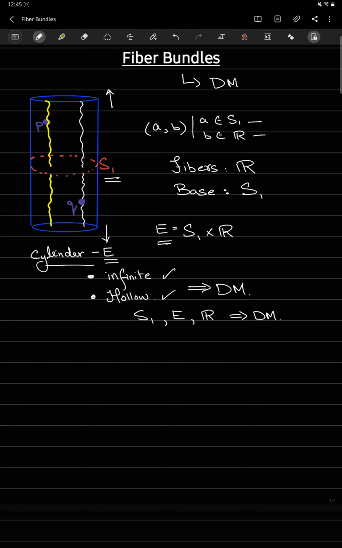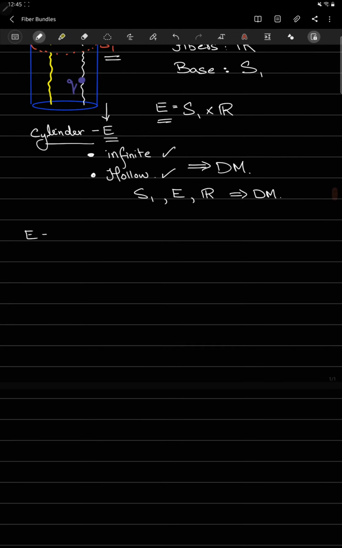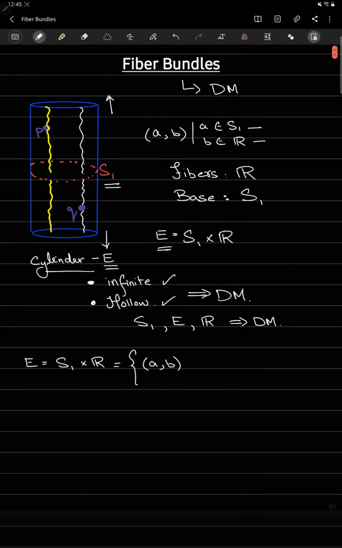Therefore E is defined as the Cartesian product of S1 and R, which is then further equal to a set of points A, B. These points B belong to the real line, so the point B could be anywhere on the real line, and S1 could be in the range from 0 to 2 pi.